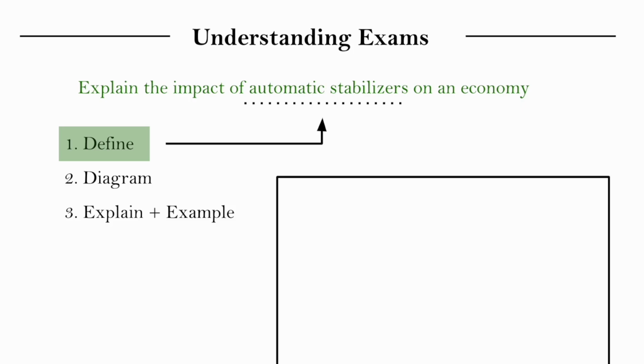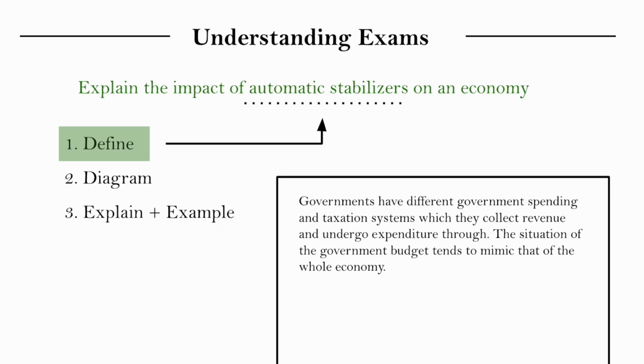First, I'm going to lead in with a bit of background information needed to understand automatic stabilizers. Something like, governments have different government spending and taxation systems through which they collect revenue and undergo expenditure. The situation of the government budget tends to mimic that of the whole economy.